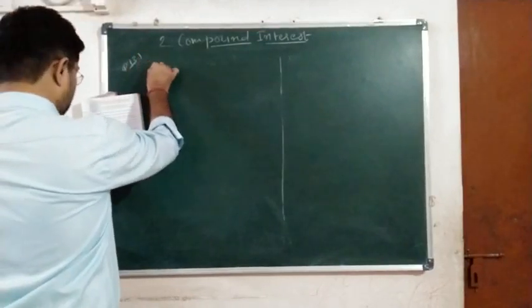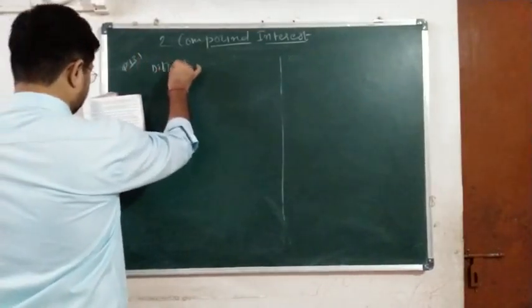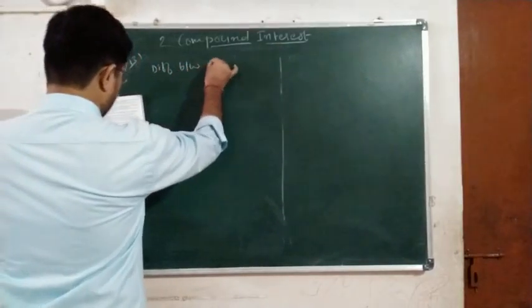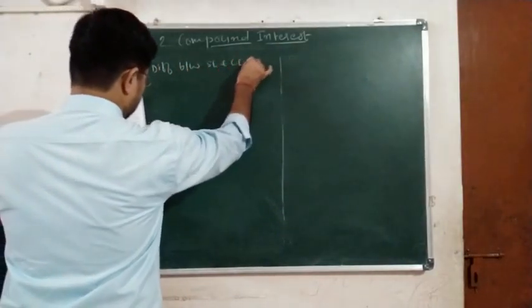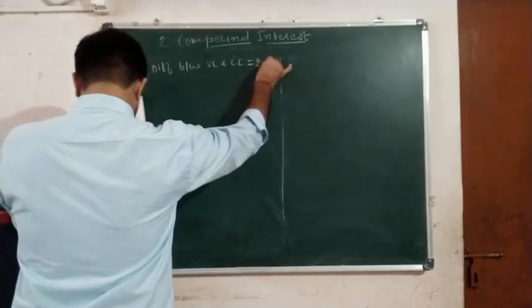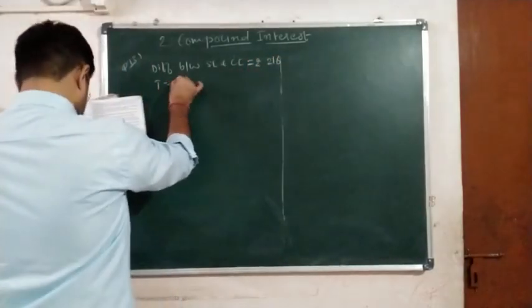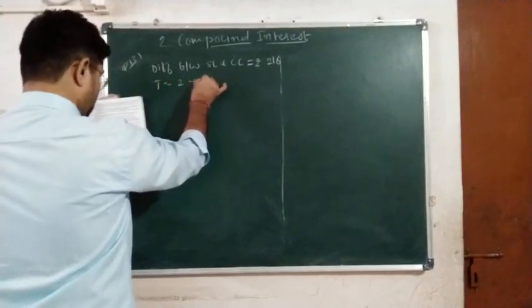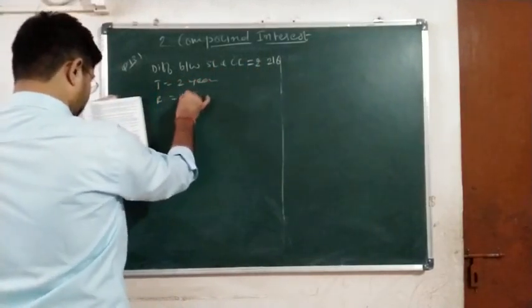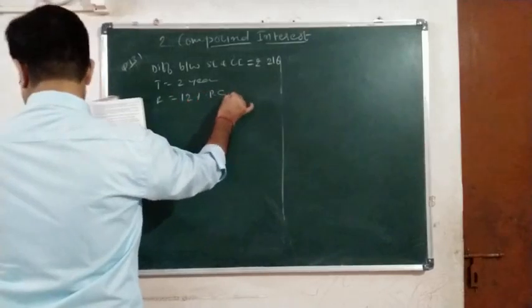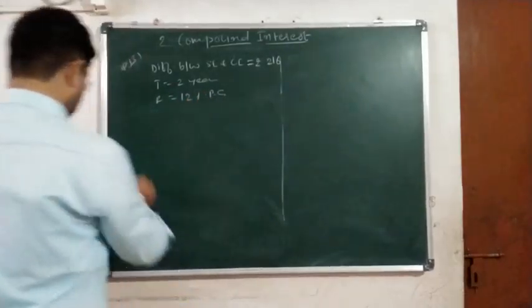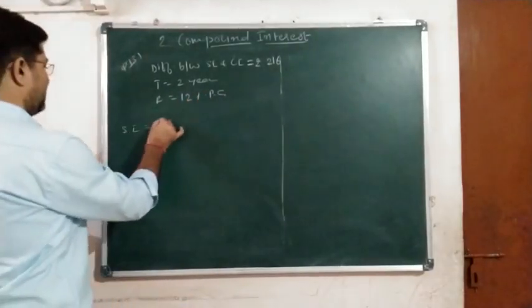But still I will solve 13 number also. Question number 13: the difference between SI and CI is given to be rupees 216. Time is given 2 years. The rate is 12% per annum. Let us first calculate SI.